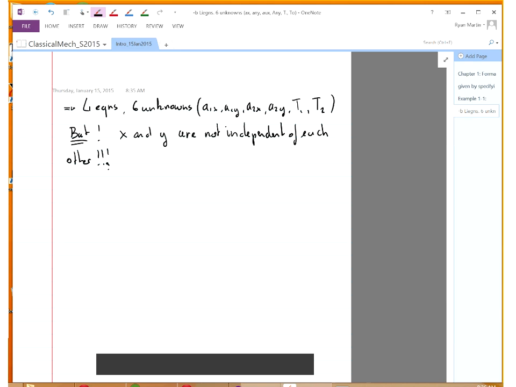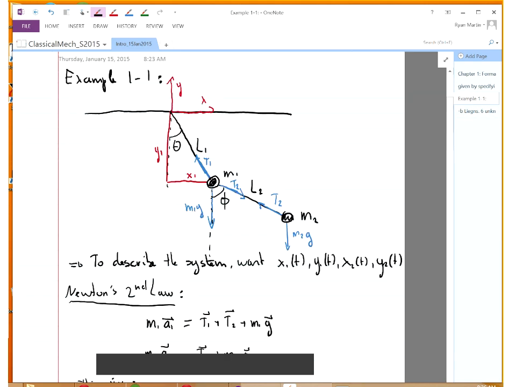But if you look at it, if you know x, you know y, right? Because the length of the pendulum is fixed. So if I specify x1, given that this has to form a triangle where L1 is fixed, then I always know y1, right? So y1 is always equal to the square root of L1, which is a constant, squared minus x1 squared. Okay? So we say that there's a constraint.